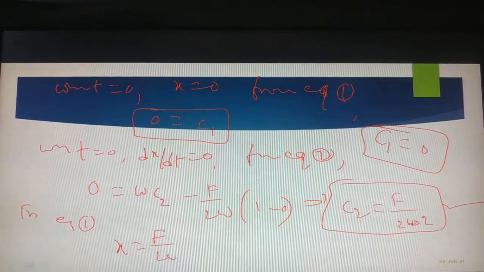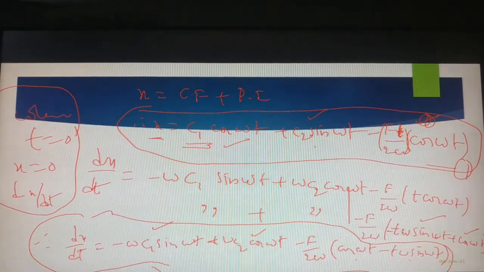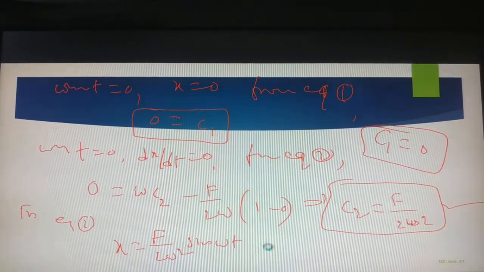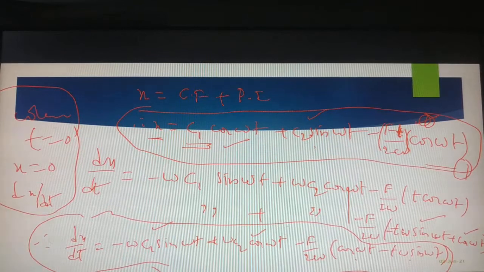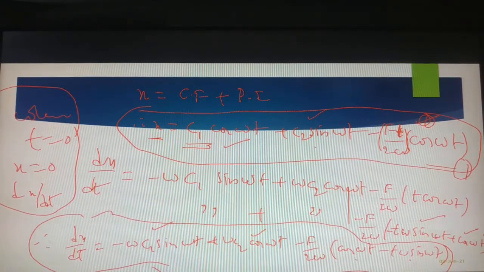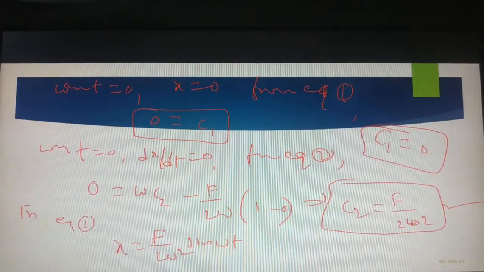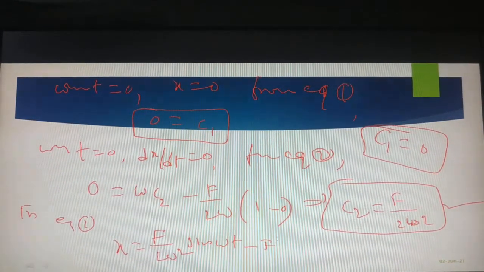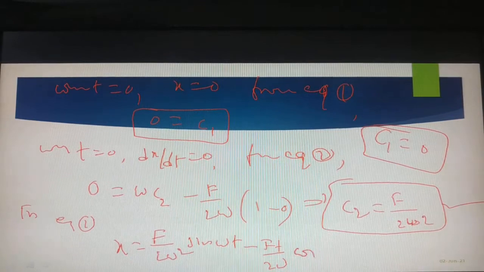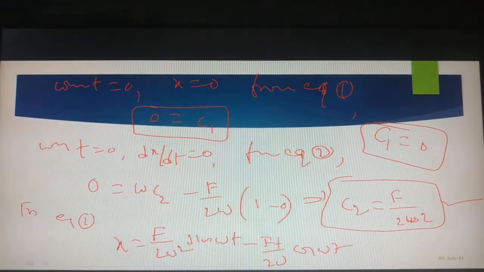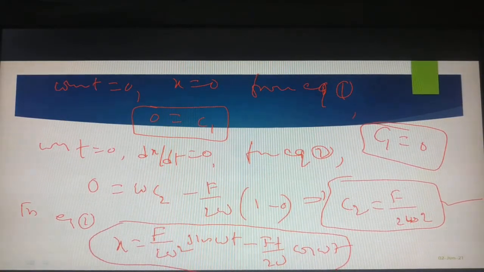So I will write f by 2 omega squared into sin omega t, and minus ft by 2 omega into cos omega t. That will be your final answer. I just substituted C1 and C2 in the answer.